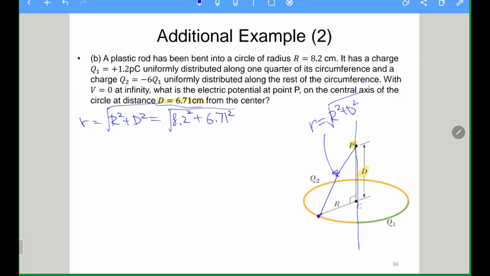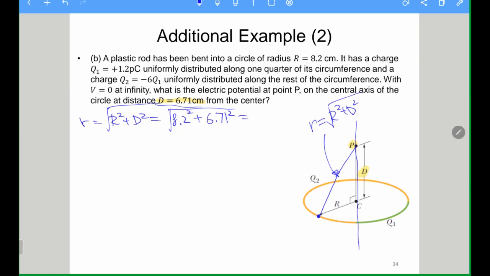Usually I suggest you do all the calculation using SI units, but here, because these are lengths, and then you take the square and then the square root, the SI unit doesn't really change. So just keep in mind that if we use centimeter for R and D, then this small r is still in cm. We don't need to include 0.082 and 0.0671 and then square, take the square root.